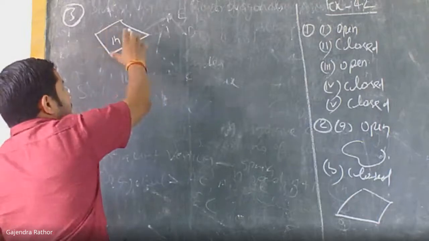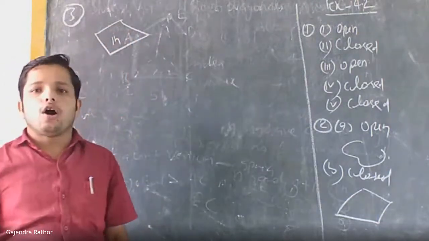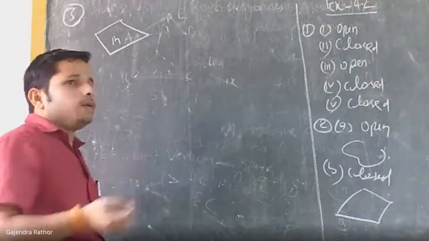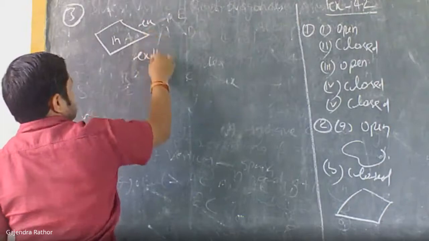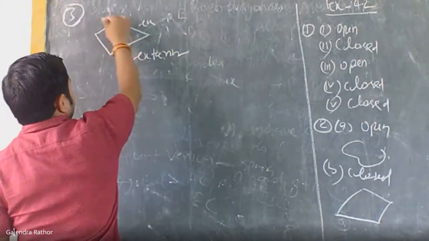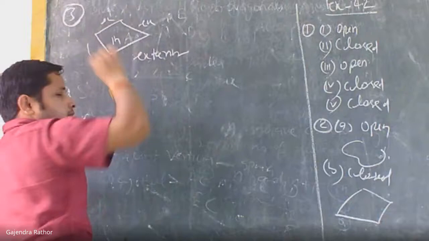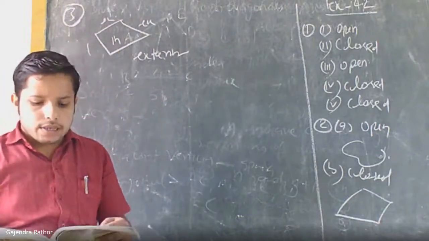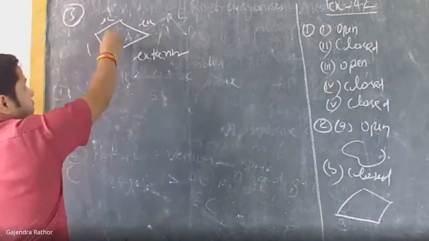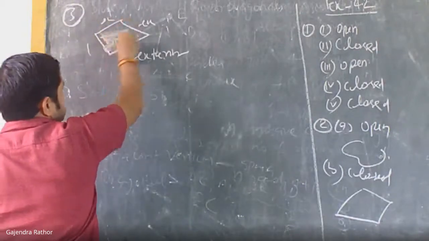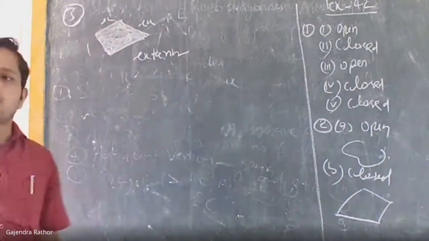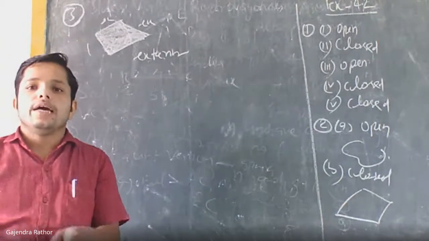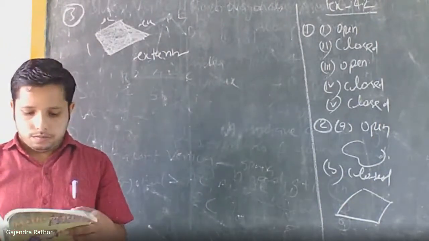The area outside the boundary of the polygon will be called exterior. So this area is exterior, surrounding this. So we have to shade its interior. This is the interior. We can shade like this. You can also shade with different colors.